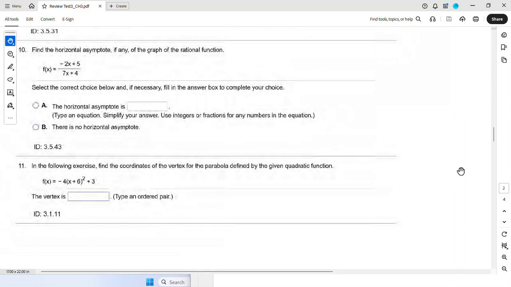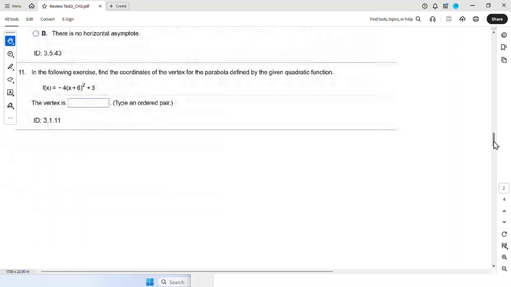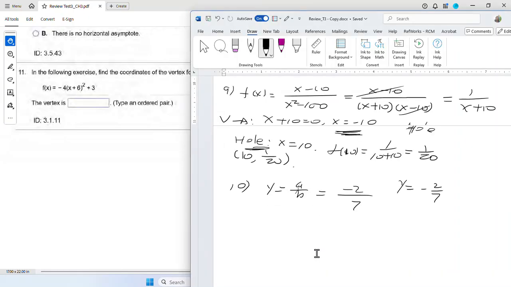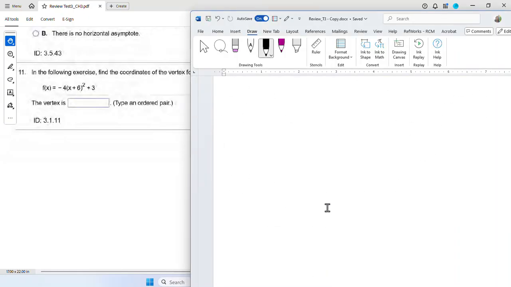Number 11, this one wasn't in ascending order, so this is from 3.1, right? And this one is already in vertex form. Remember, if you have f of x equal to a times x minus h squared plus k, your vertex will be h and k.